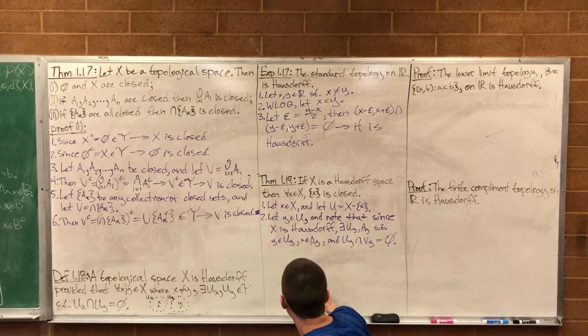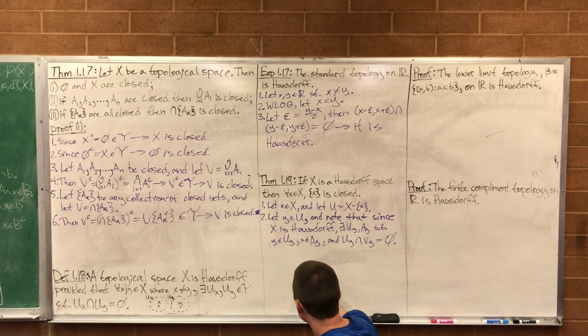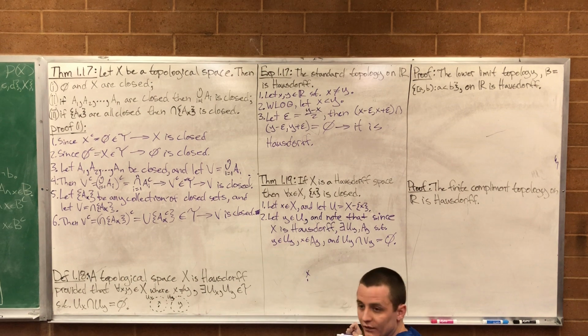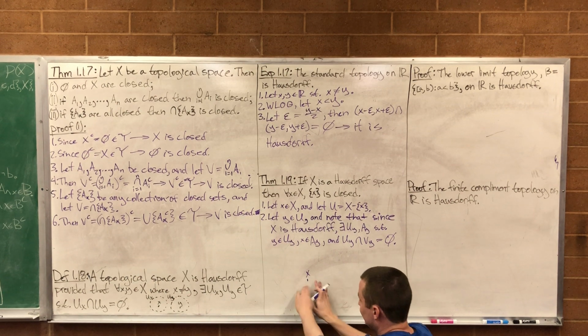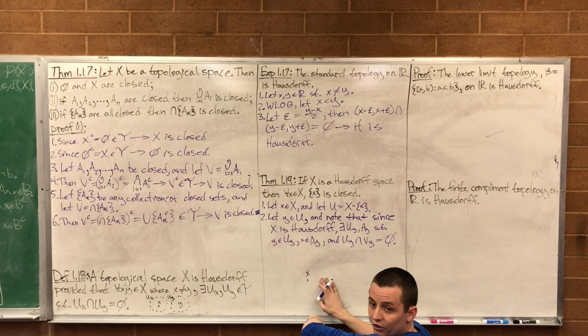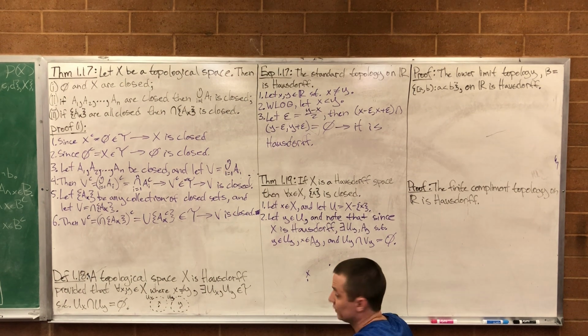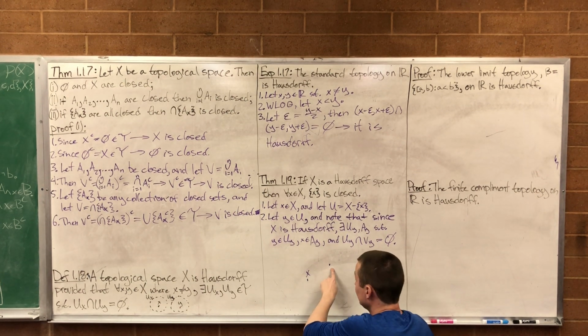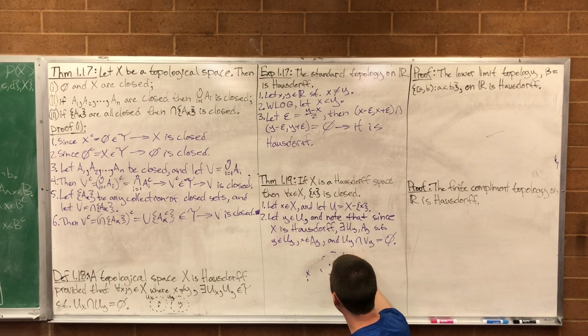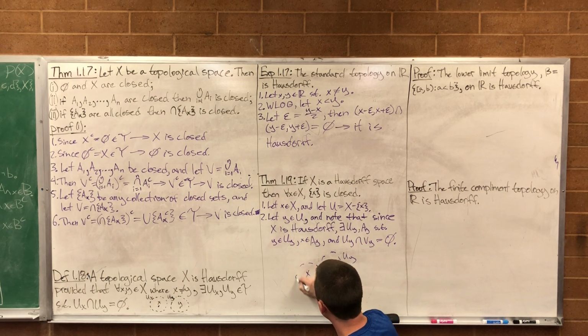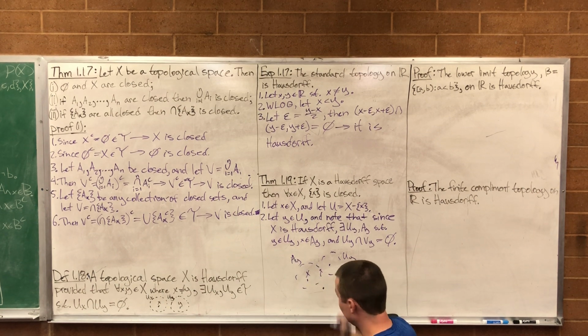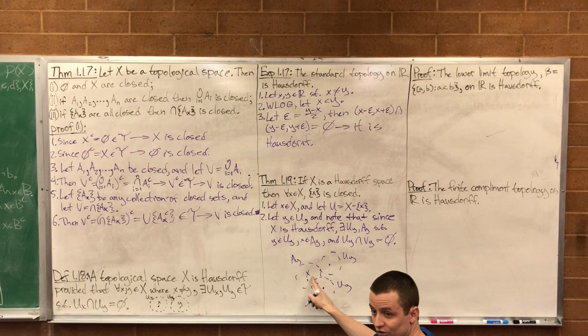So let's draw a picture of what we did real quick. Here's our x, and U is everything that's not x. So x stays fixed throughout this whole proof. Then we say, pick any y you want. When you pick this y, here's your U sub y, and here is your A sub y. Now pick this y. Now here is your U sub y, and now your A sub y has to change.